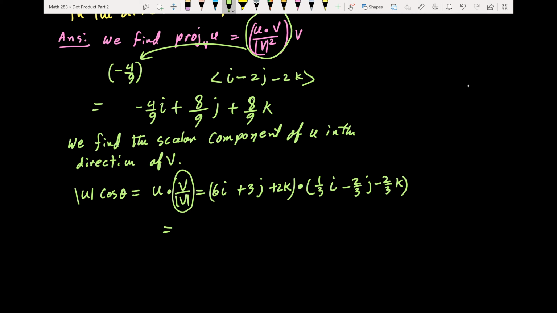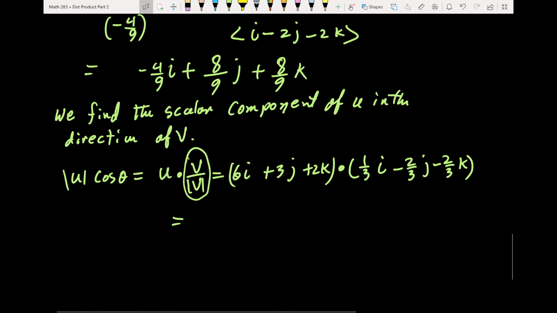So I'm multiplying a dot product with a unit vector. You guys got that?